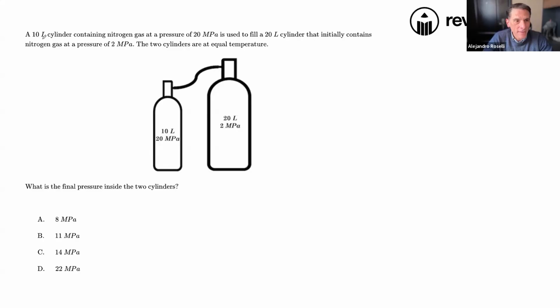So a 10-liter cylinder containing nitrogen gas, at a pressure of 20 megapascals, is used to fill a 20-liter cylinder that initially contains nitrogen gas, same nitrogen, at a pressure of 2 megapascals.